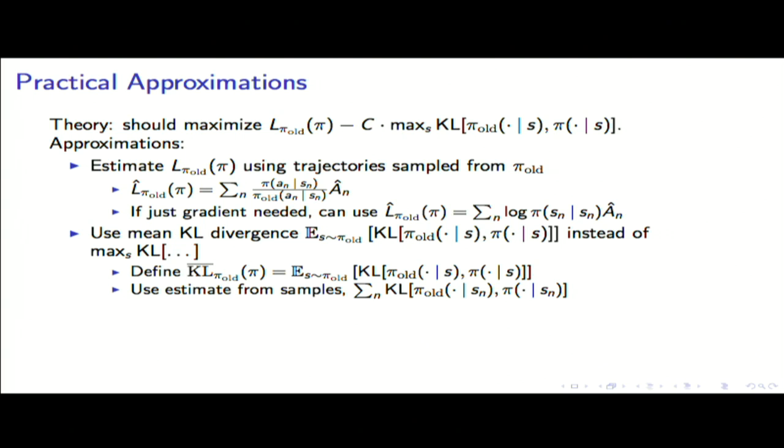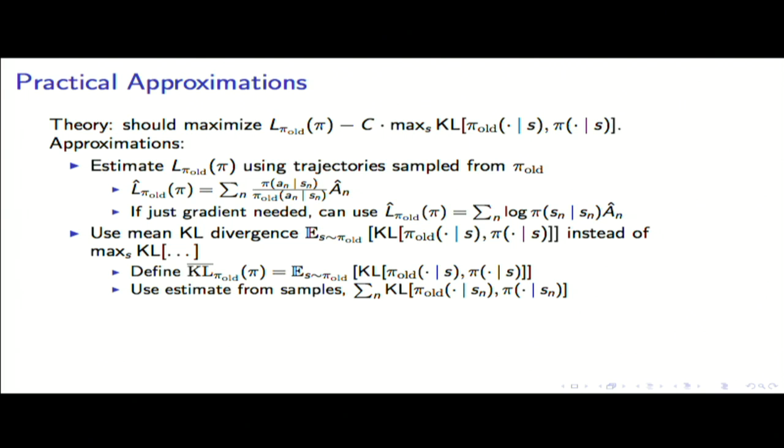Okay, so what does that mean? We're going to introduce a little more notation: we have this bar KL with pi old in the subscript. That means we sample states from pi old, and then we take the expectation over this state distribution of the KL divergence between the old policy and the new policy.